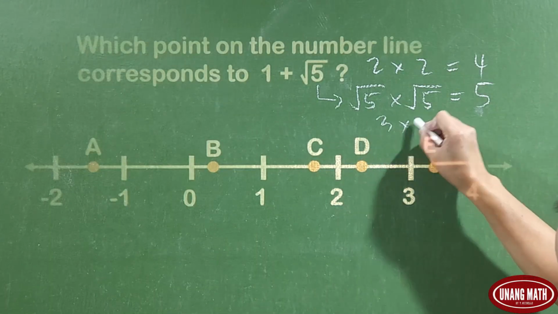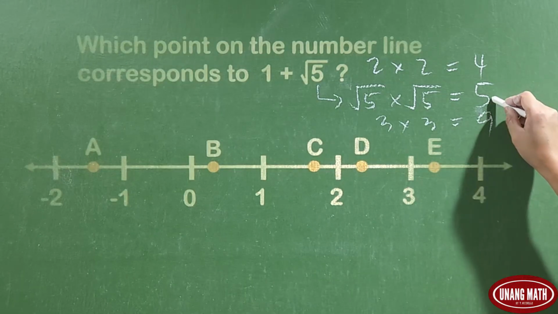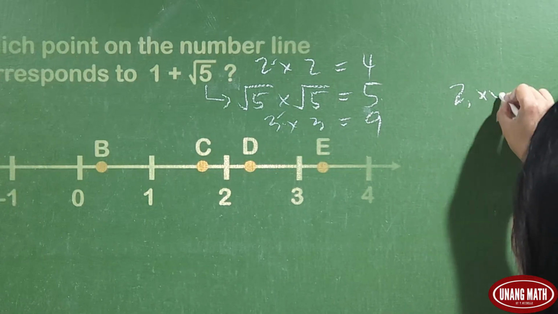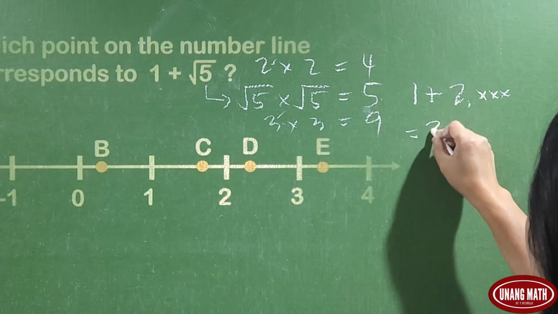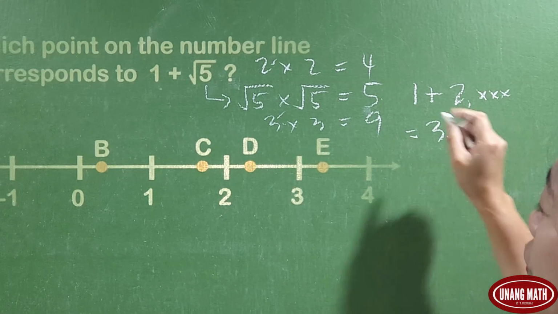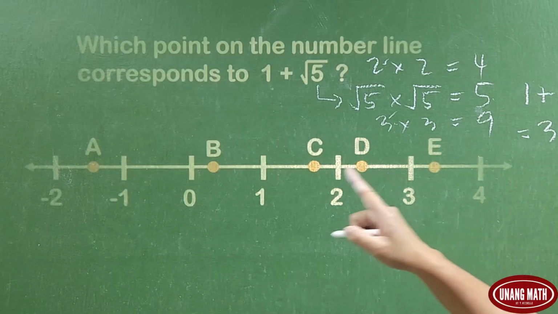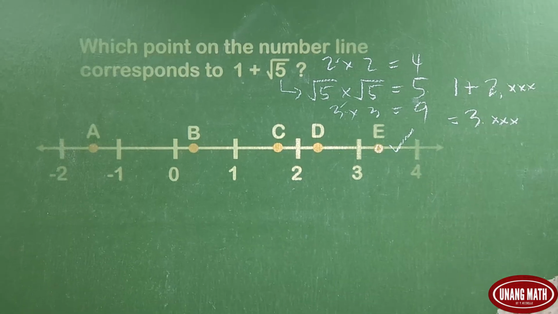If it's 3 times 3, then this is already 9. So it means square root of 5 is between 2 and 3. So this is 2 point something. So 1 plus 2 point something, then this is 3 point something. So which point on the number line corresponds to 3 point something? That would be point E, or this point.